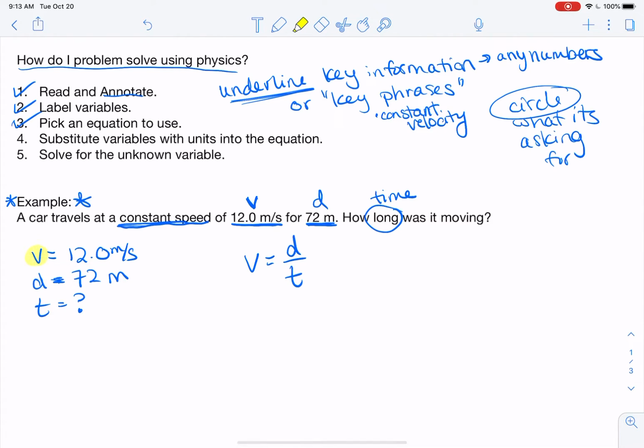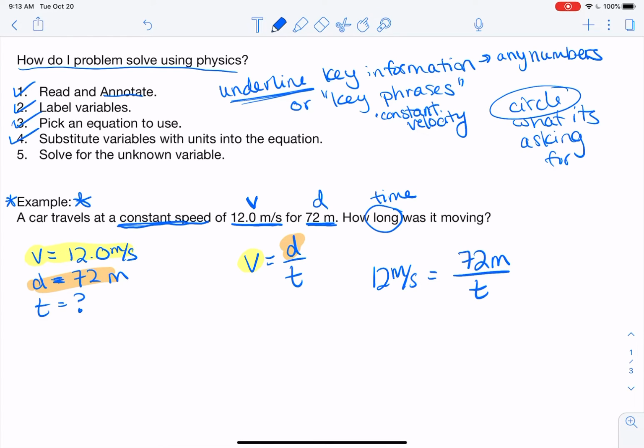So V is going to go in for V. My distance is going to go in for distance, and then I'm going to solve for T. So I'm going to substitute that in. 12 meters per second equals 72 meters divided by T. So I substituted my variables into the equation with the units, and now I want to solve for T.